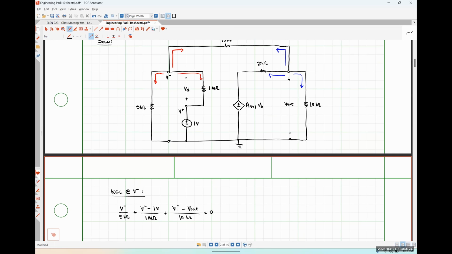So before I move on from here, does anybody have any questions about how I set up that KCL equation?